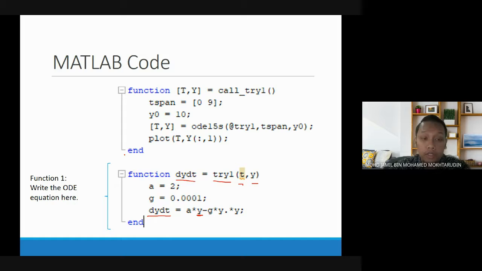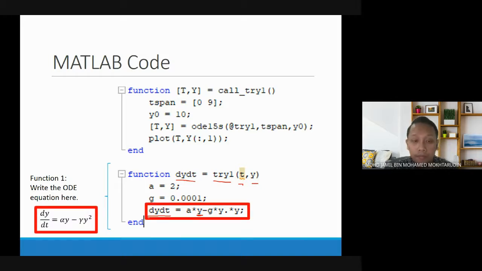Okay, so the first function you need to write is the function that consists of the ODE equation, and you write it at the bottom, or before function number 2. So usually you will write this function first in Matlab. This is the equation, and you write the equation in the function, and then define the parameters.